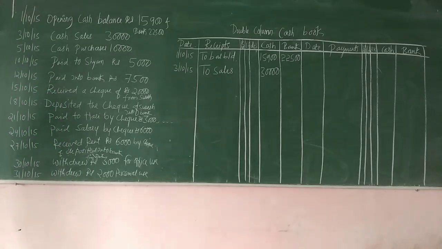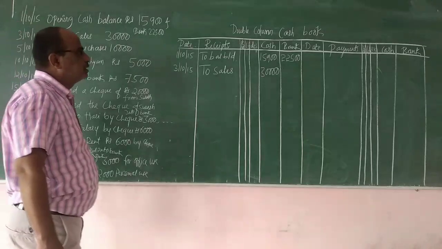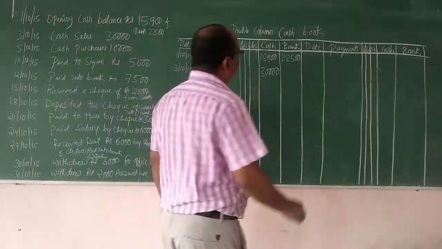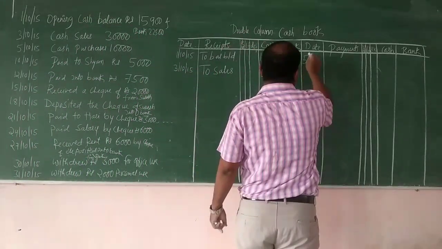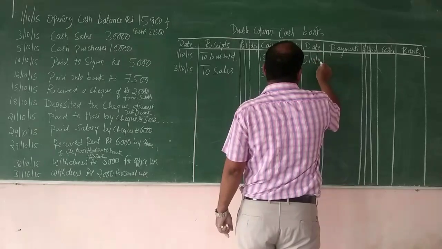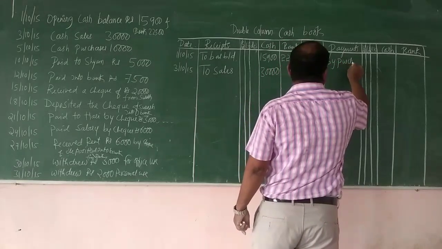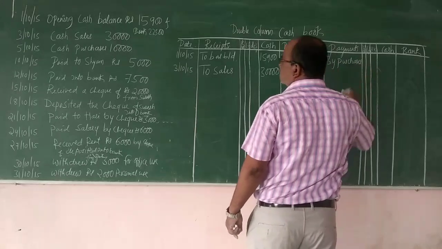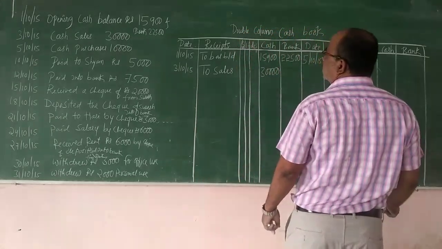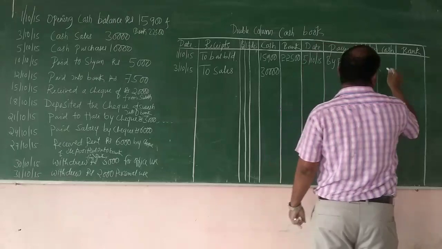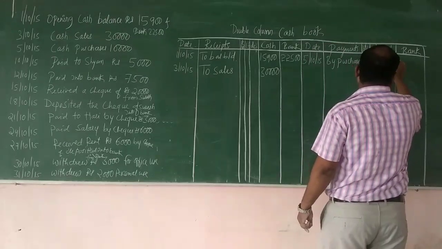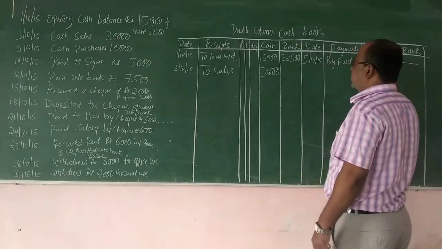On 5/10/2015 cash purchases. So cash purchases means it is a payment. 5/10/2015 by purchases. How much? 10,000. Cash purchase in the cash column.